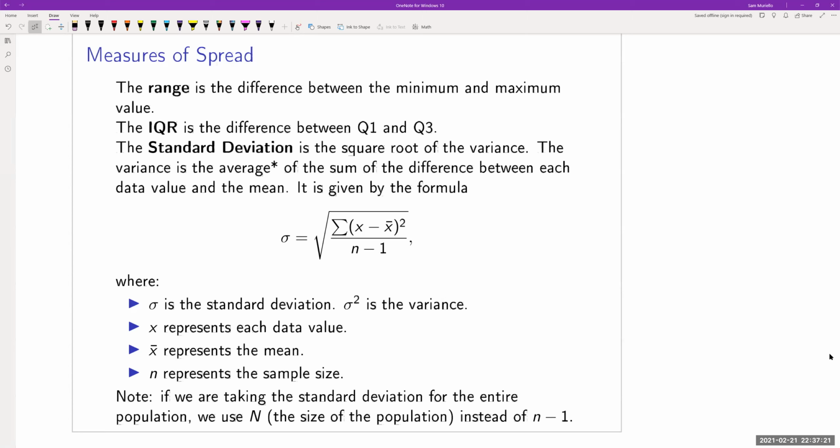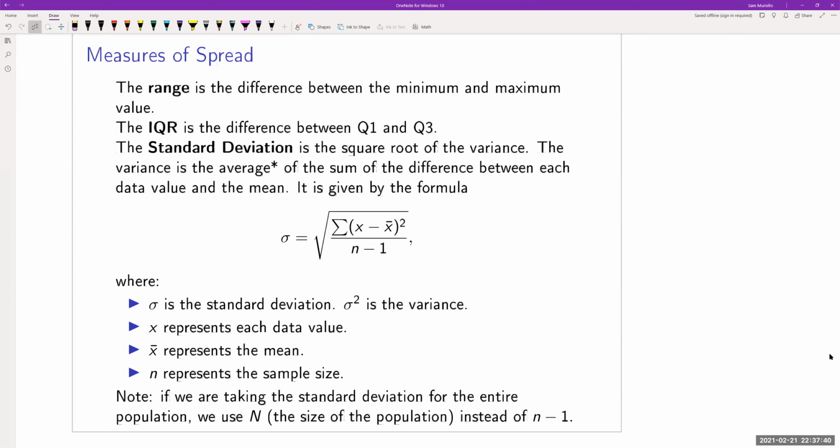We've talked already about the range and the IQR, which are two simple to calculate measures of spread. They are straightforward, and a box plot does give us a nice picture of a graph. But the most powerful measure of spread that we're going to discuss in this class is called the standard deviation.